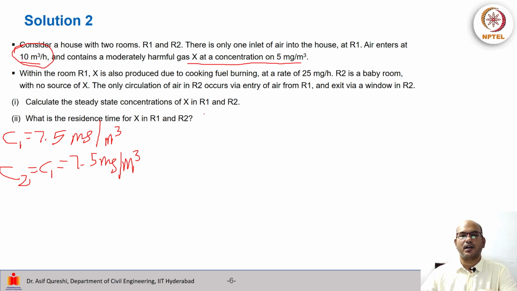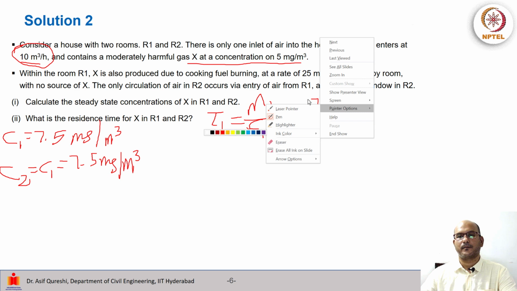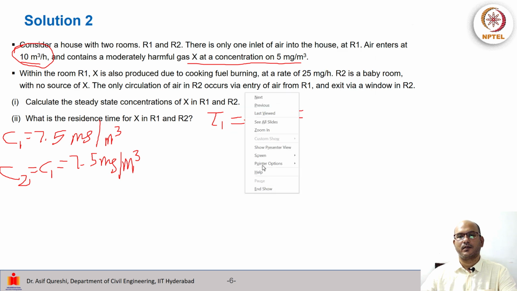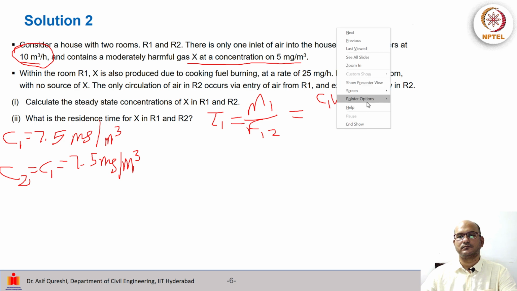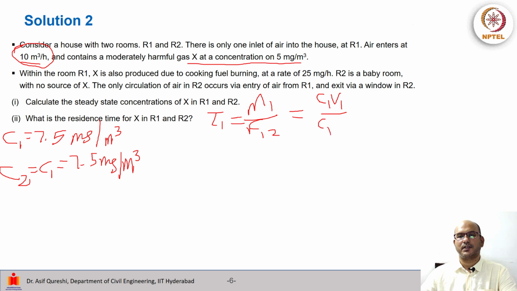So residence time in R1, tau 1, will be M1 by loss, so F12 at steady state. I'll write the algebra first. This will be C1 V1, and F12 is C1 multiplied by the flow rate, 10.